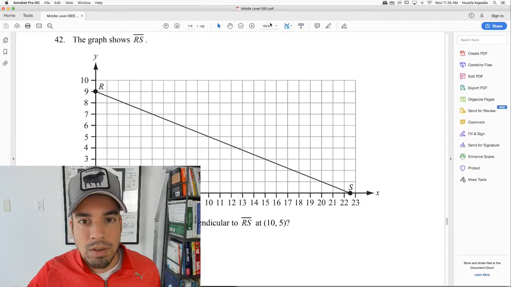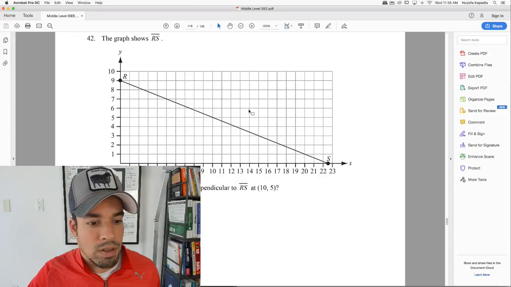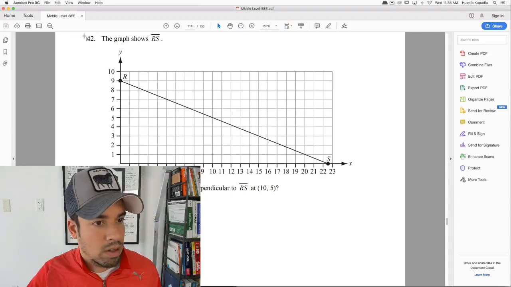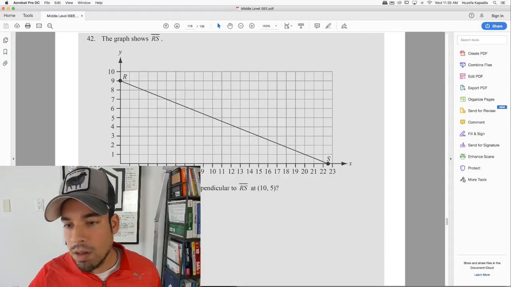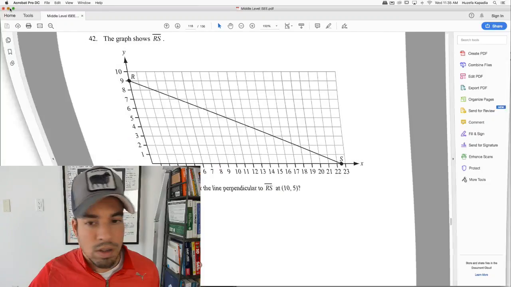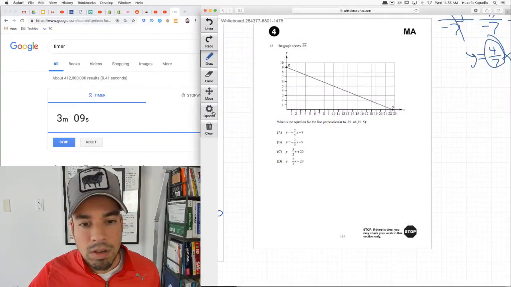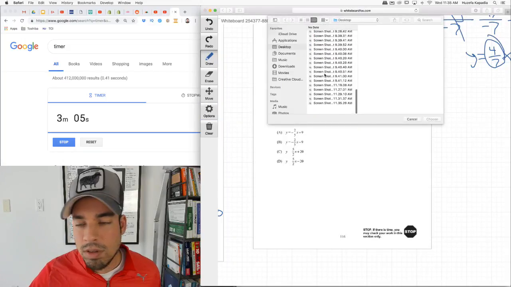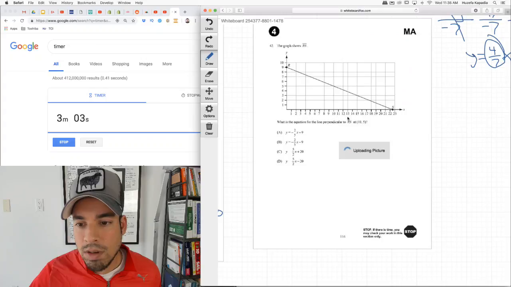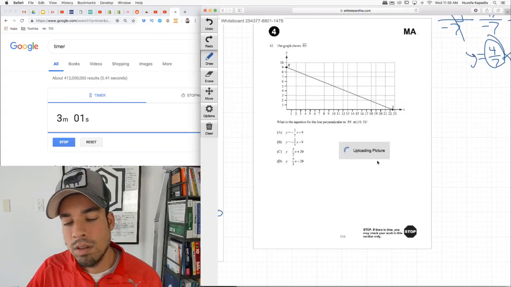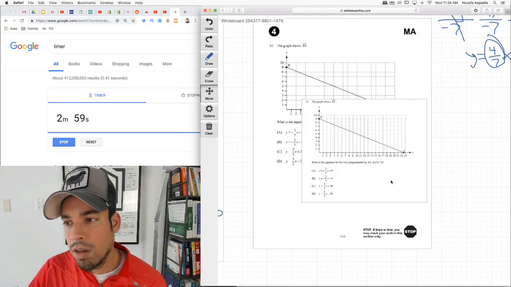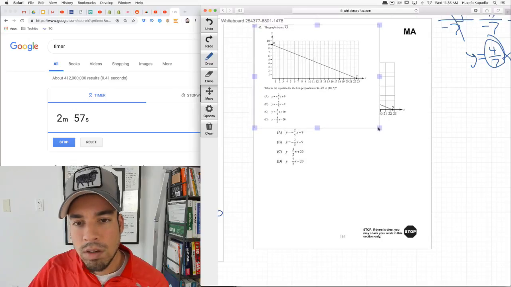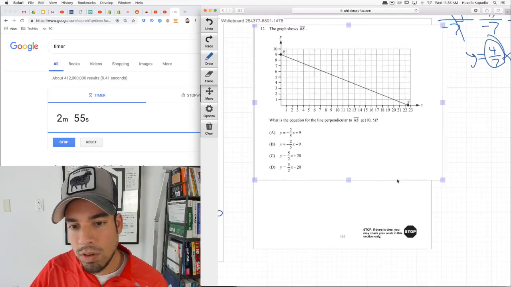Let's just zoom out a little bit. Whoops. Here we go.